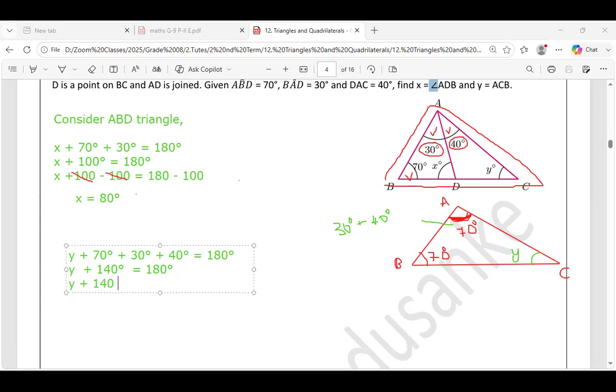Subtract 140 from both sides. 180 minus 140 is equal to, now cancel out, cancel out. y equals 40.